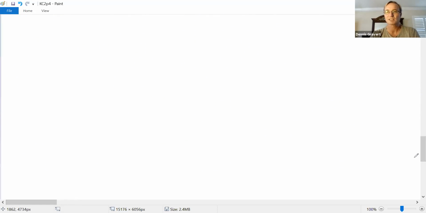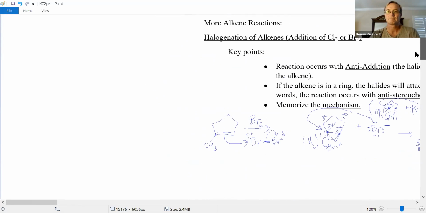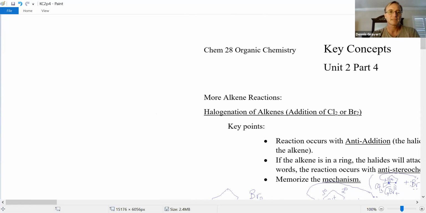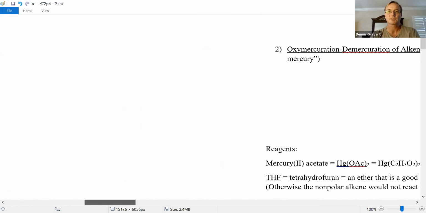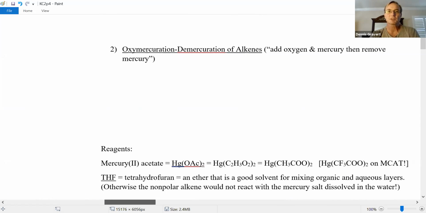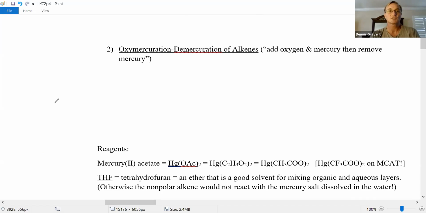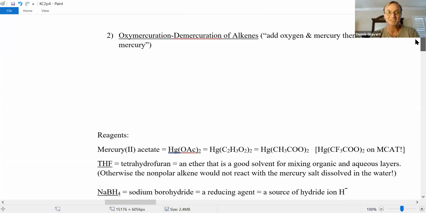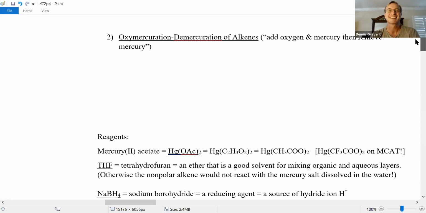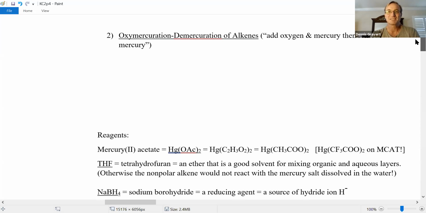Where's the next reaction? It might be at the top. Yep, we started here. We've seen a bunch of reactions today. Oxymercuration and demercuration, that's the next one. Just like you, there are scientists who don't like those carbocation rearrangements, and they don't like them for different reasons.